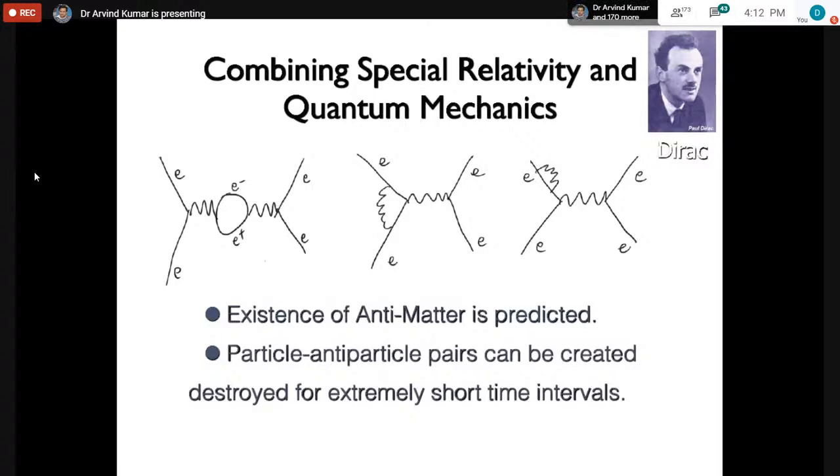In QED, because it's just a theory of electrons and photons, the corrections are very simple. You know what these corrections are. But it took about 10 years for people like Feynman, Schwinger, and Tomonaga to actually compute this process, to show that QED still works and that it can be renormalized. The quantum field theory of QED was formed in the late 1930s.